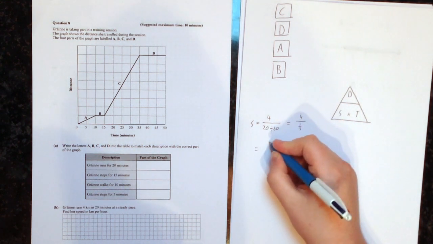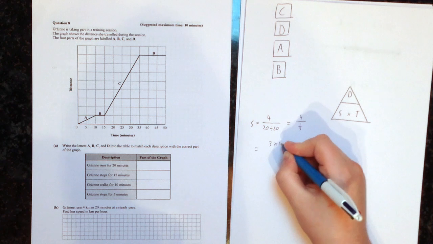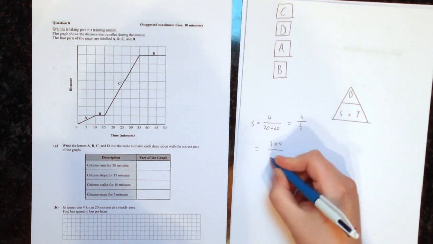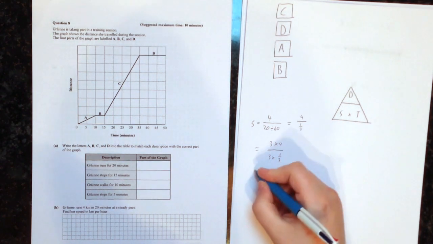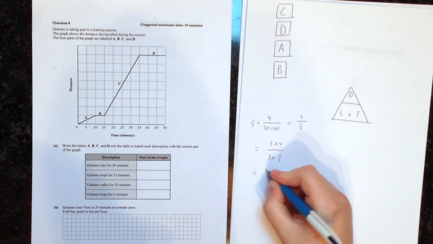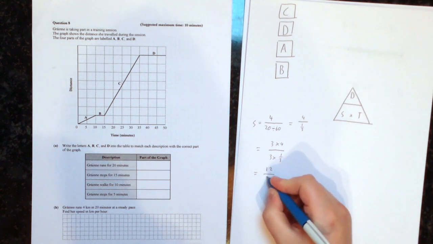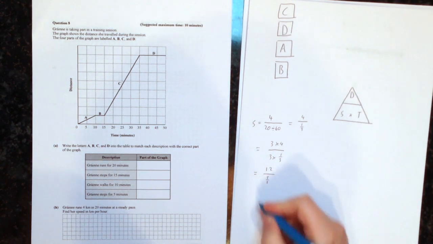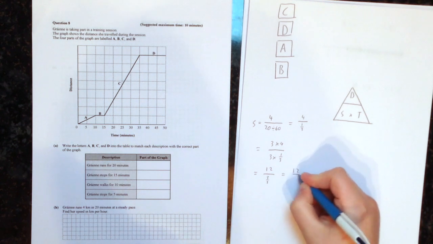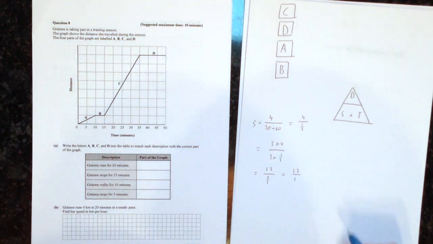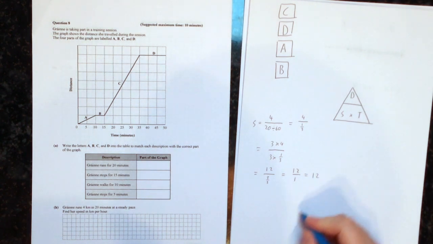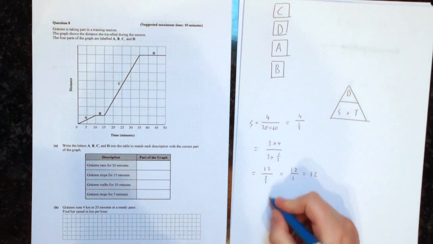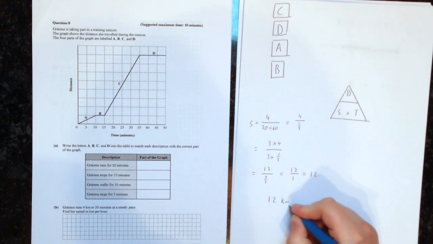So we get 3 times 4 on the top, and 3 times 1/3 on the bottom. And that's going to be equal to 12 over 3/3, which is equal to 12 over 1, because 3 divided by 3 is 1, which is just equal to 12. So her speed is equal to 12 kilometers per hour.